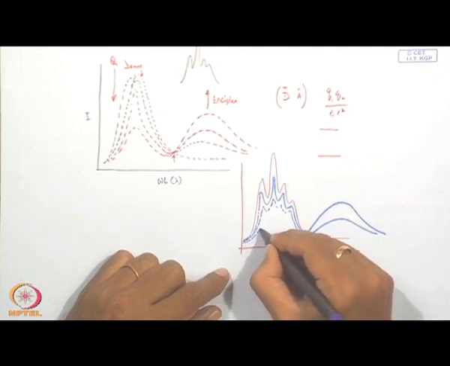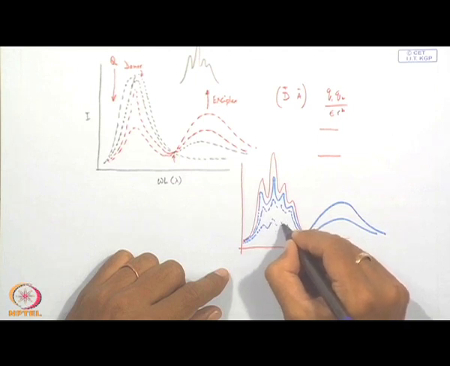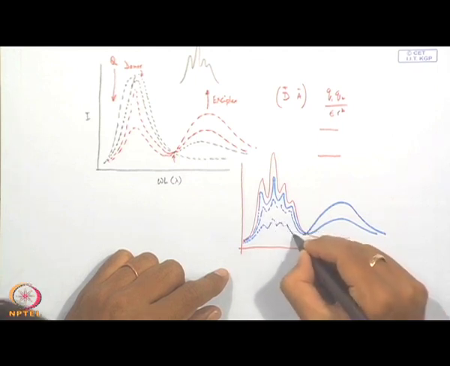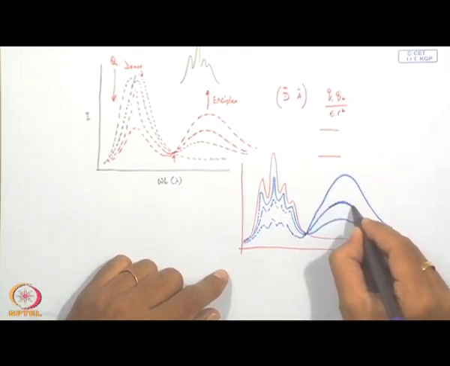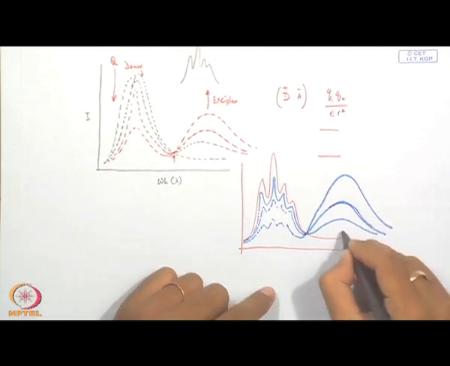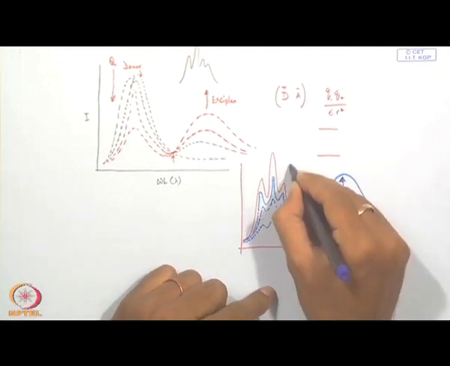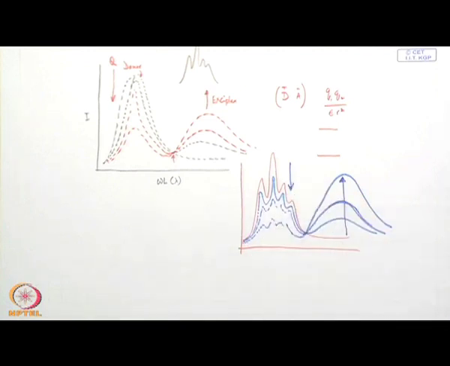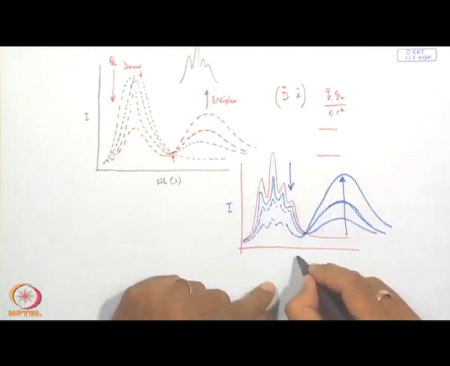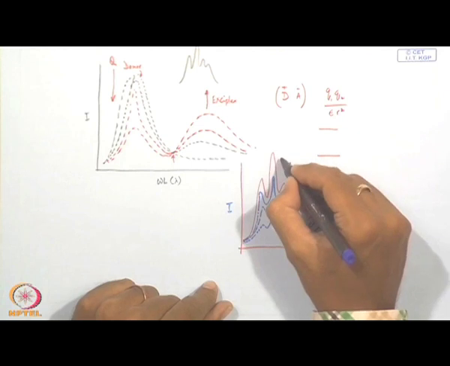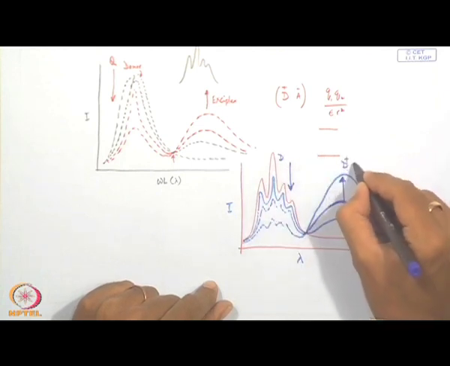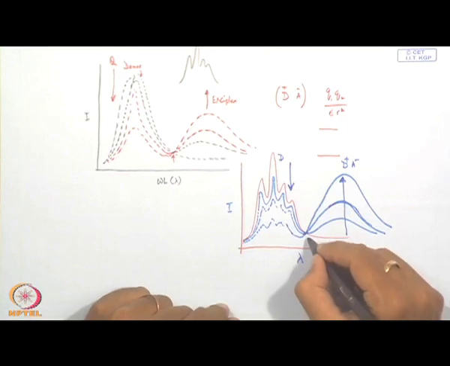Then ultimately, this is growing in height and this is reducing. This is intensity, this is lambda. So, this is the typical equilibrium between your donor, and this is your D plus A minus, and this is an isoemissive point.